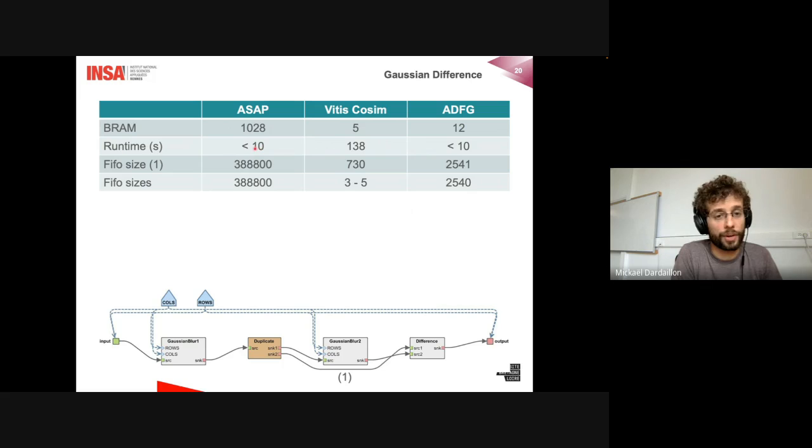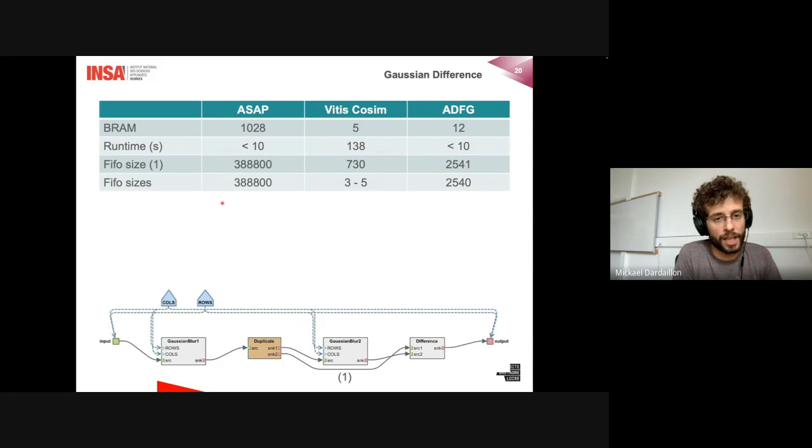The challenge is that even for a simple application, for ASAP and ADFG we don't have official measures of the run time, but we can say that it's less than 10 seconds. I'm using a UI, so I'm not able to measure exactly, but it is very fast to run both those approaches. Vitis co-simulation takes 2 minutes, even for a simple application like that.